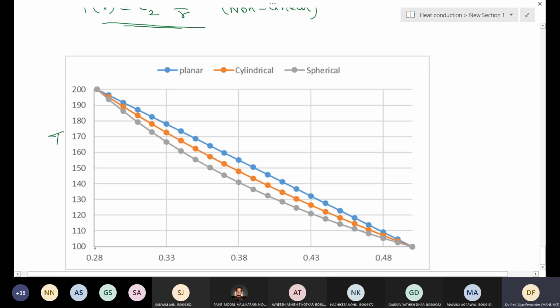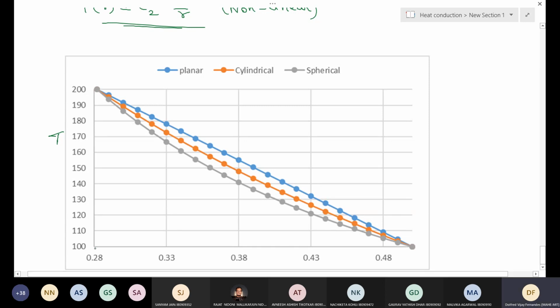The radius is taken judiciously. I have calculated the radius for unit area of the sphere for the inner surface. I have taken the inner surface area of the sphere as 1, and for that I have calculated the radius.